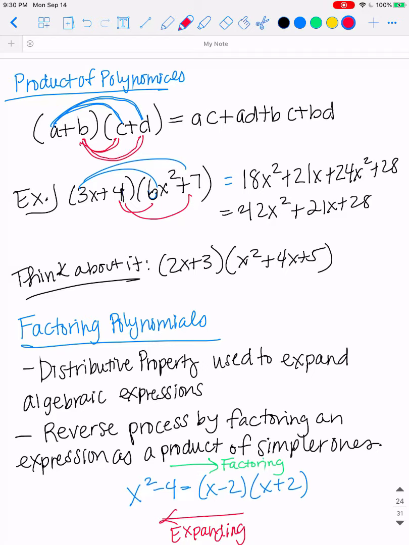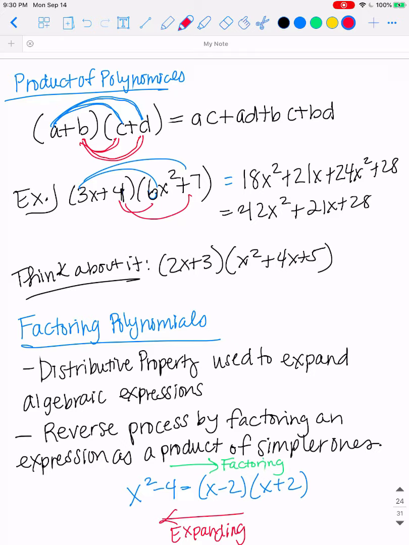I think that is easier to remember than FOIL, because it's hard for students to relate FOIL to trinomials or higher degree polynomials with more terms. So I just draw the arrows.